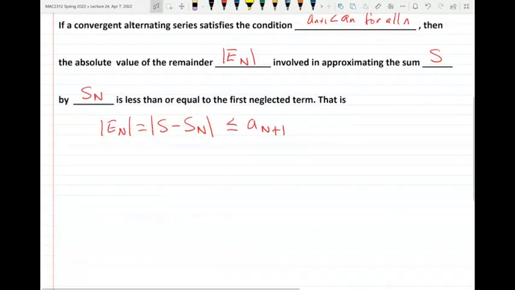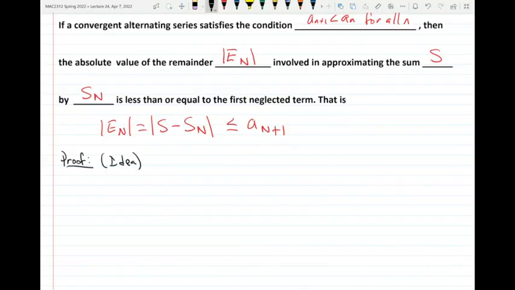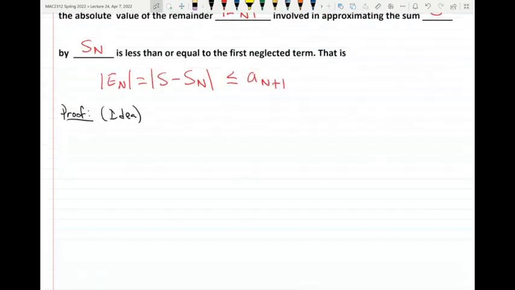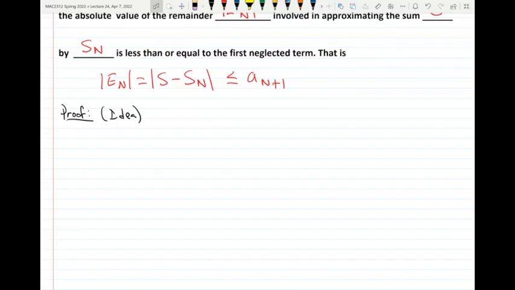So that's a statement, and let me give you the idea of the proof. I don't have to get into too many details, but with this you should be able to see why this is true. So, what is S equal to? S is equal to A1 minus A2 plus A3 minus A4, and so on, is your infinite sum.